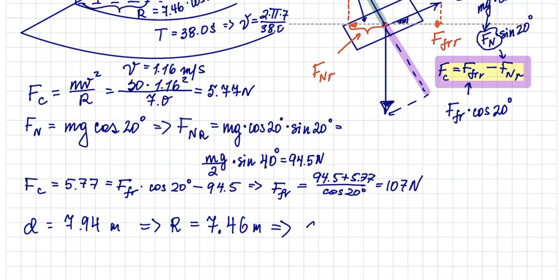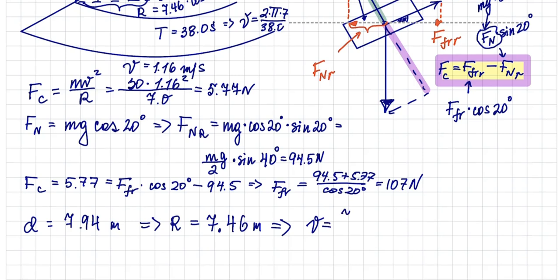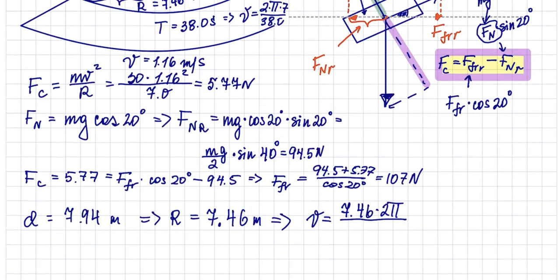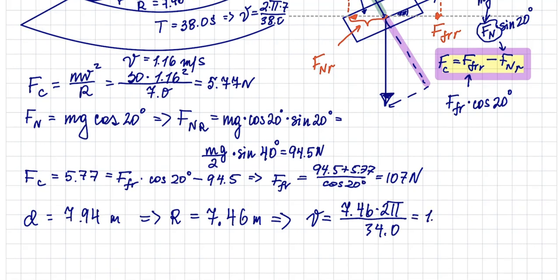Then with the new radius, your new speed is going to be 7.46 times 2 pi. And the new time, they are now rotating at 34 seconds. So that gives us 1.38 meters per second. So that's our new speed.